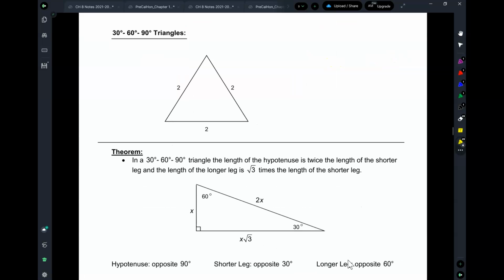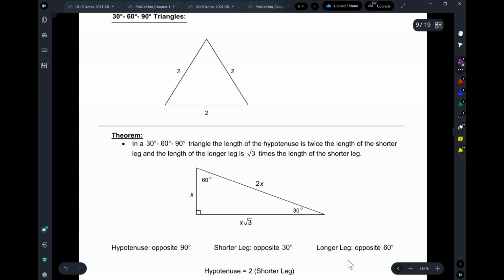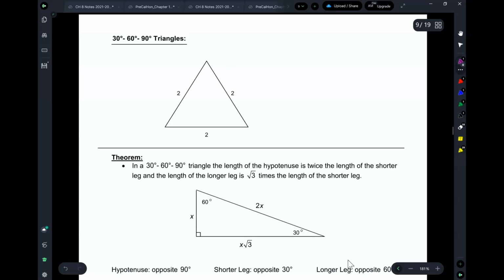Let's talk about 30, 60, 90 triangles. All right. So for a 30, 60, 90 triangle, there is a similar relationship. To derive it, we start with an equilateral triangle. We know when you have an equilateral triangle, each of the angles is 60 degrees, right? So this is how we derive it.